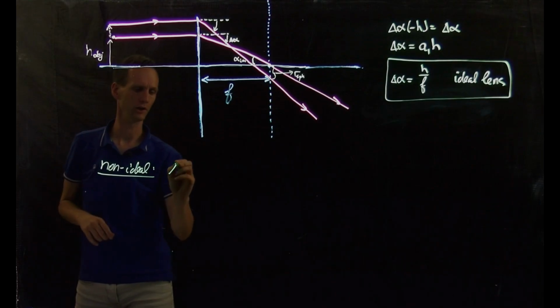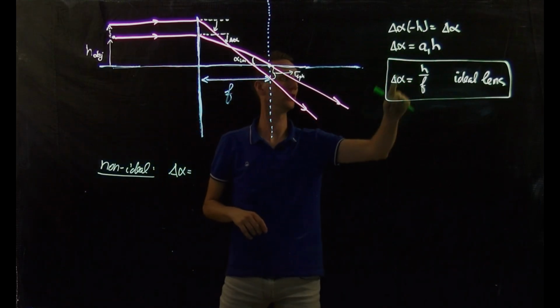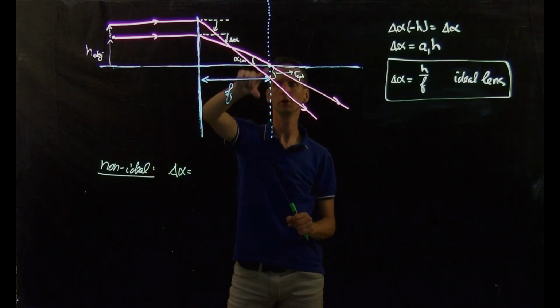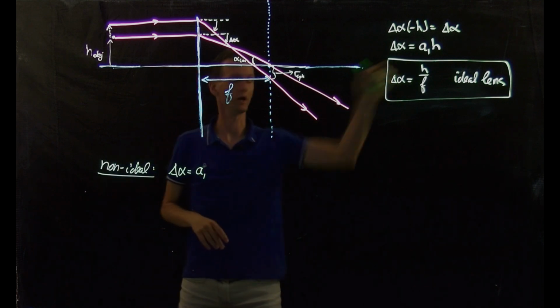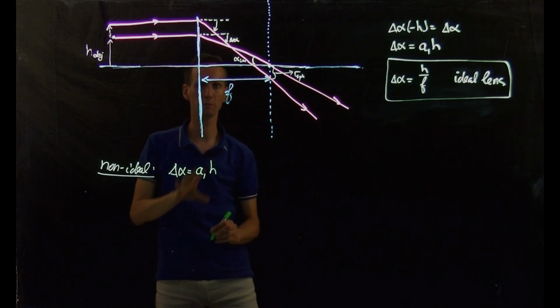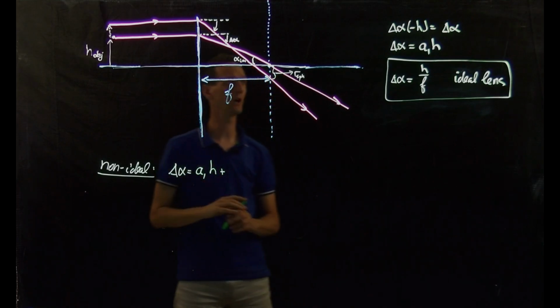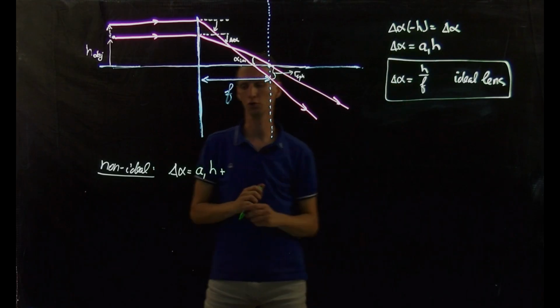And for the non-ideal lens, the equation that we have here or here does not hold. In general, we see that the deflection becomes stronger. So we can write this as a factor a1 times h, so the ideal lens behavior, plus additional factors. Now we should bear in mind that also the lens should be spherically symmetric, so this equation should hold.